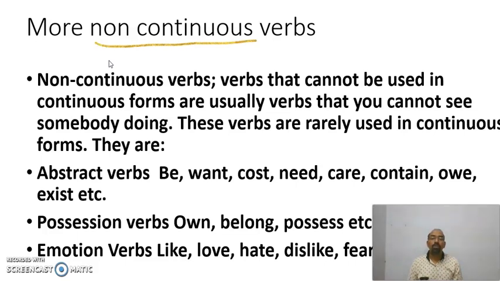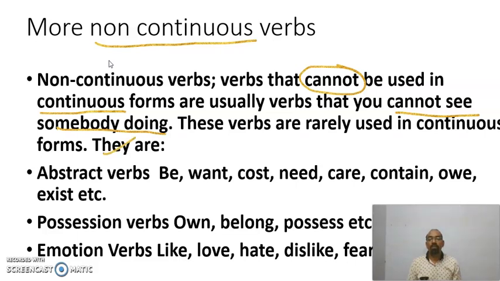Non-continuous verbs: verbs that cannot be used in continuous form. Remember this, verbs that cannot be used in continuous form are usually verbs that you can't see somebody doing. These verbs are rarely used in continuous form.